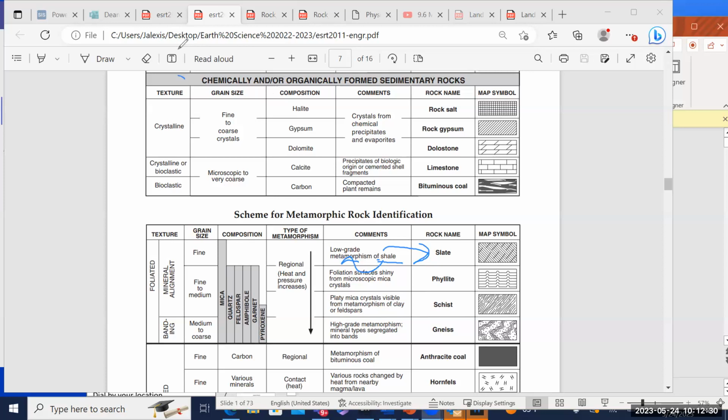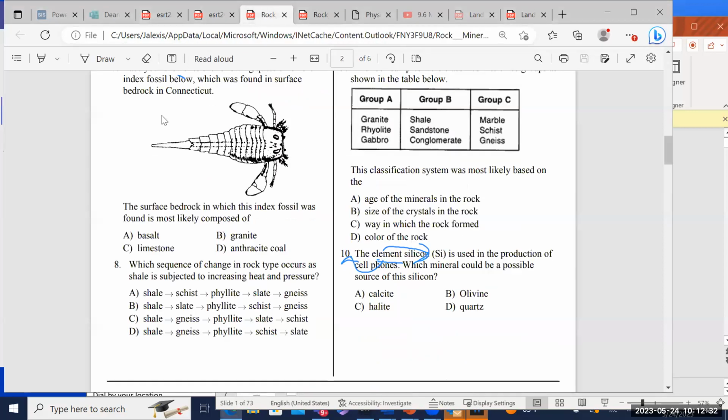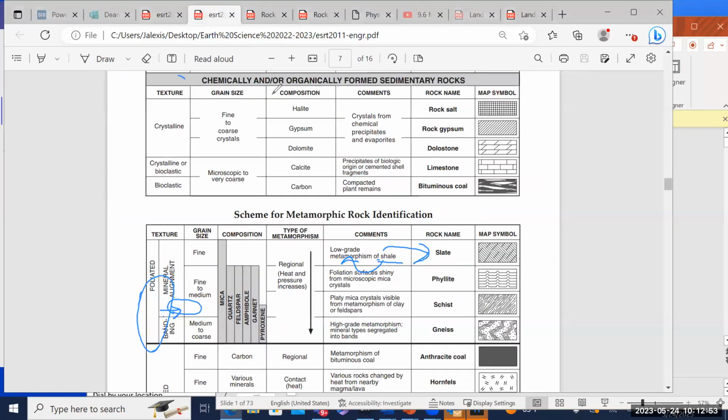One of the reasons is that all of these choices start off from shale, but there's only one choice that goes from shale to slate, and we see it as choice B. Once again, because it says it right here, low grade metamorphism, shale to slate.